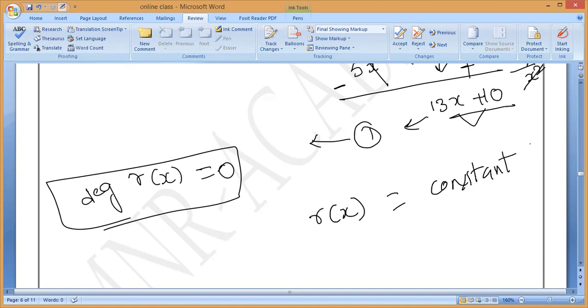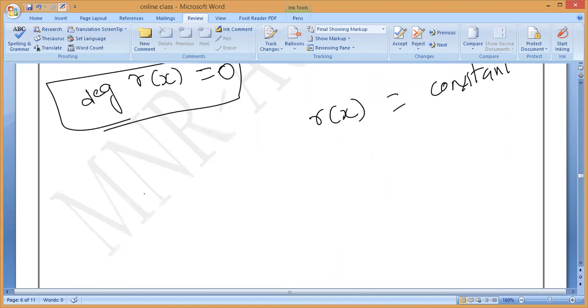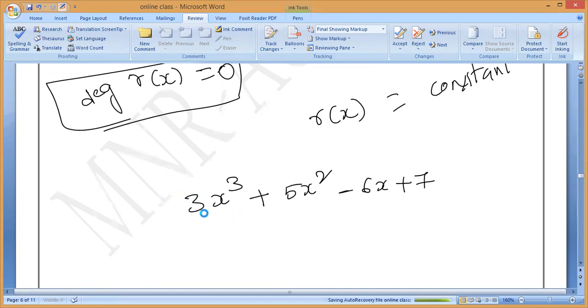Let us take for example, you take all of you. Right. For example, 3x cube plus 5x square minus 6x plus 7. So let us take the g of x equals to x minus 1. All of you solve it, and r of x, how much it is? Tell me fastly.